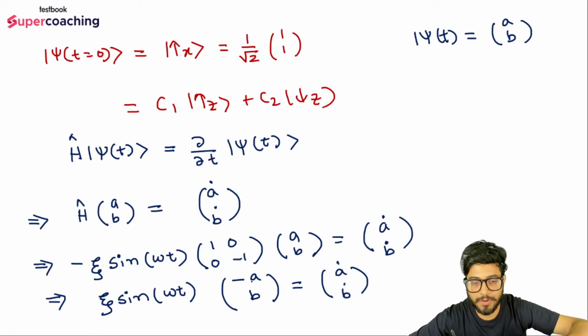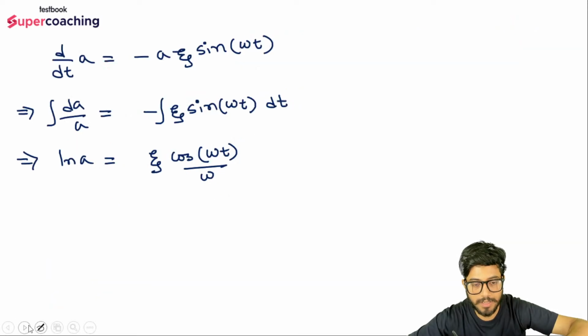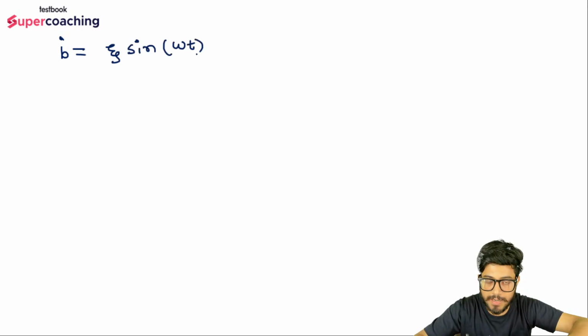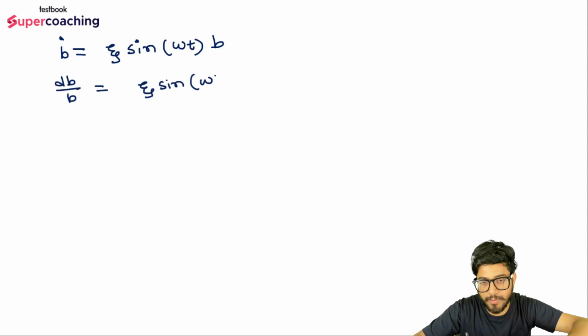Okay, there is one more thing. You see, B dot equals zeta sine omega t into B. That means dB by B equals zeta sine omega t into dt.